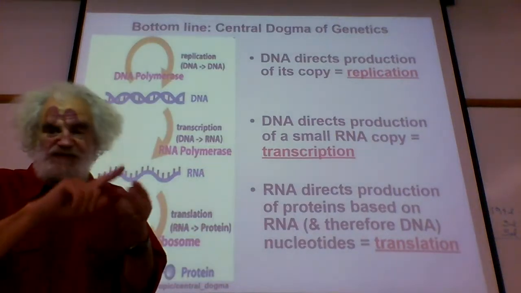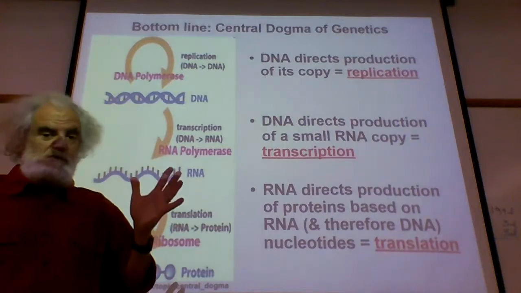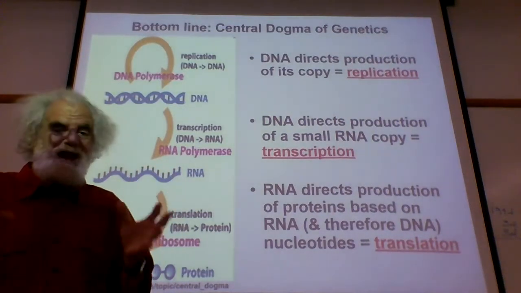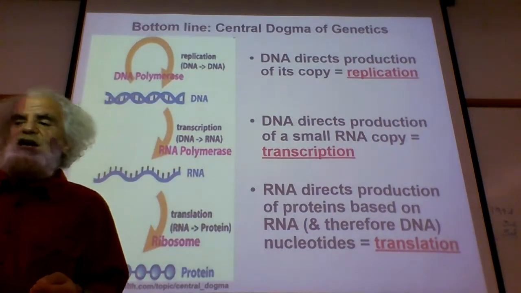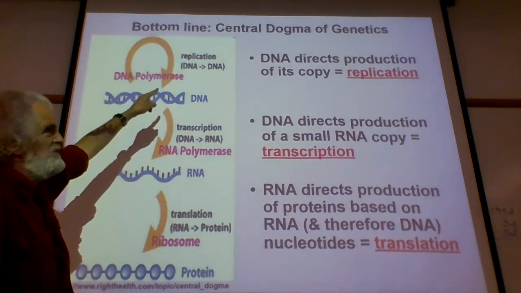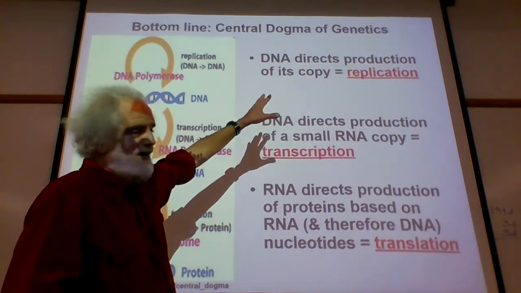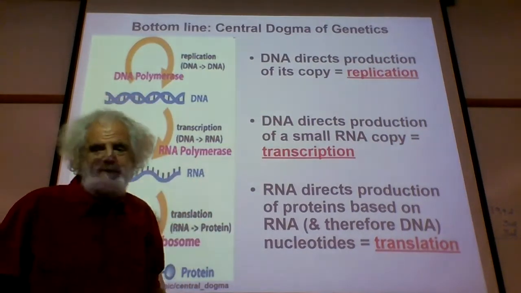Bacteria have it, plants have it, fungi have it, we have it. All creatures on the planet have DNA. And the DNA can be replicated. So DNA directs production of its own self. It copies itself, and that's known as replication.